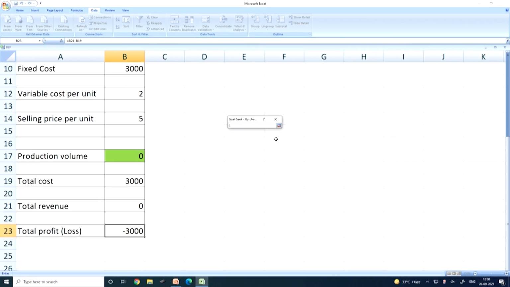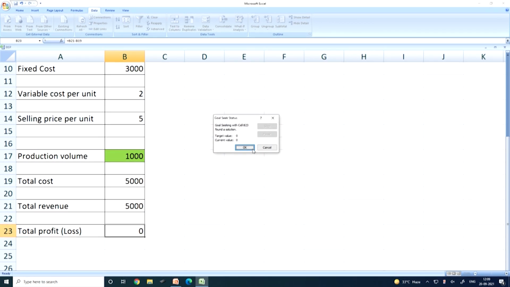The changing cell is where we need to get the answer, that is B17. When you press OK, you are getting 1000. So, this 1000 is your break even quantity. At this point the profit is 0. Beyond 1000 units you will be making money, below 1000 units you will incur loss.